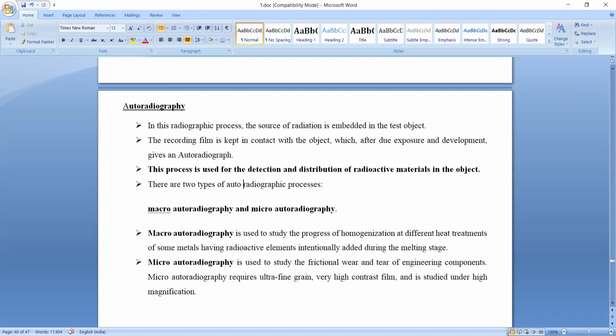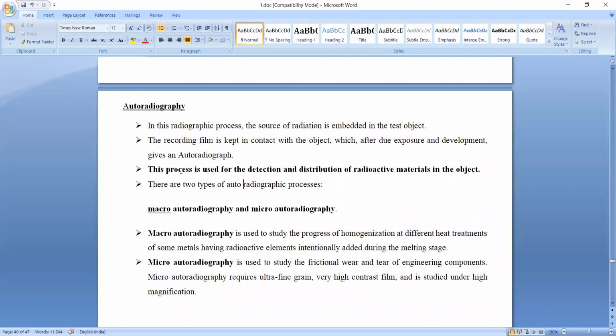The source used for generating the radiation is embedded into the object. Then the recording film is kept in contact with the object. When the object comes under X-ray or other radiation, the sources embedded in the object are automatically activated. That creates an image on the recording film kept in contact with the object. This is the process.